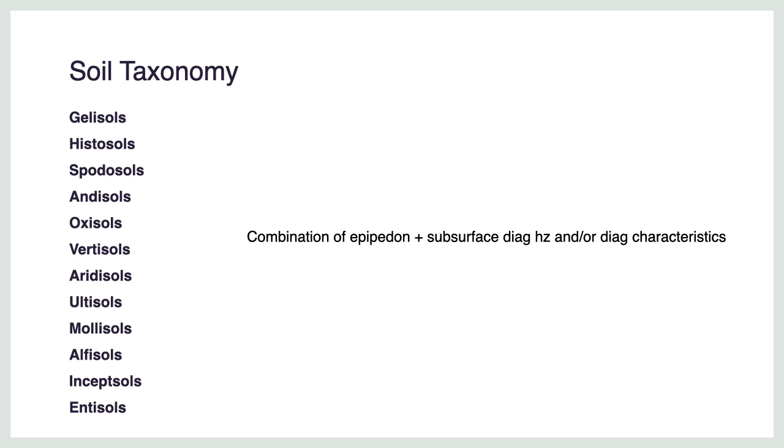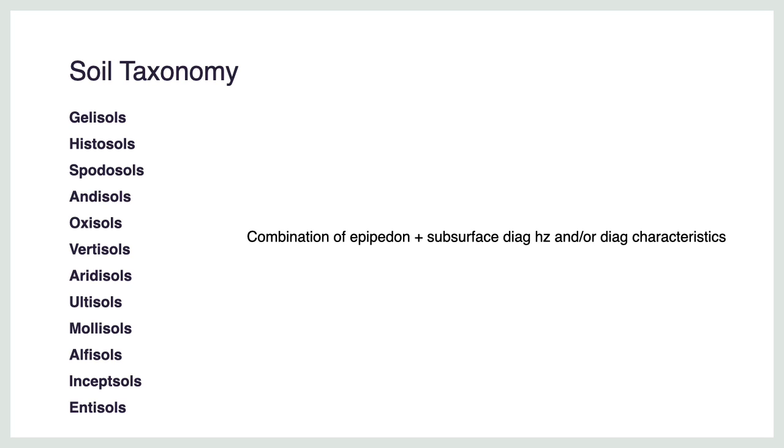Something also quite important to mention now is that soil classification according to soil taxonomy should follow a specific order, a specific list that is presented in this slide. So every time you classify a soil, you first think of gelisols, then histosols, then spodosols, and go down.